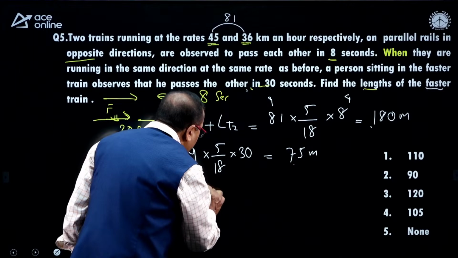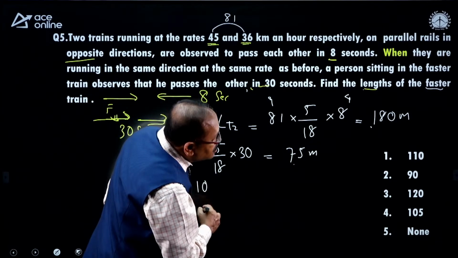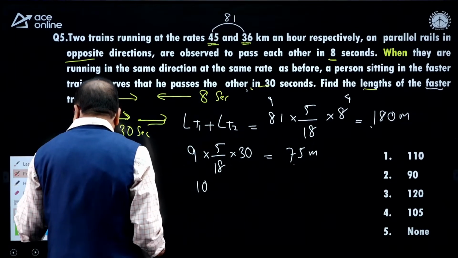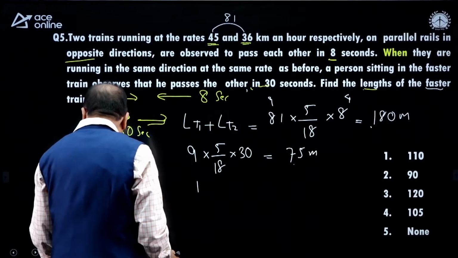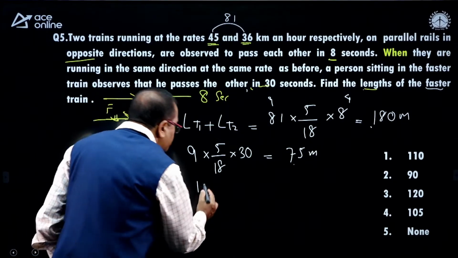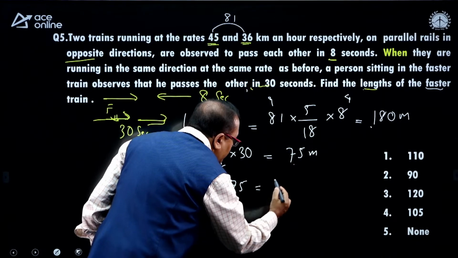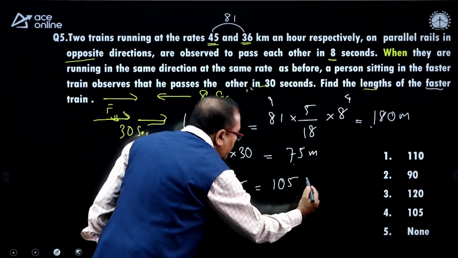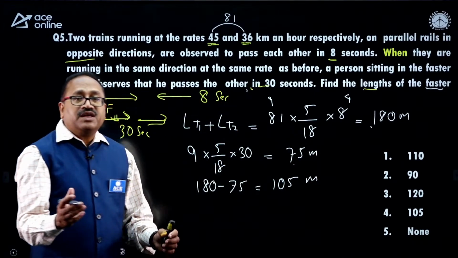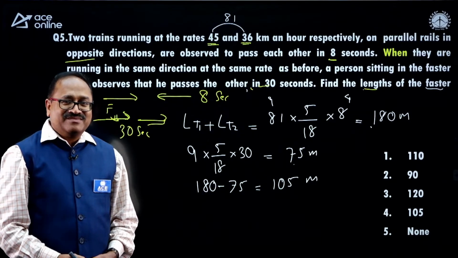That is 180 minus 75, and that comes 105 meter, the length of the faster train.